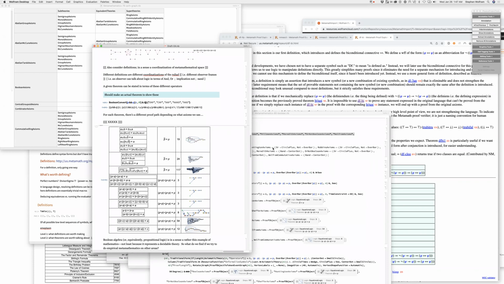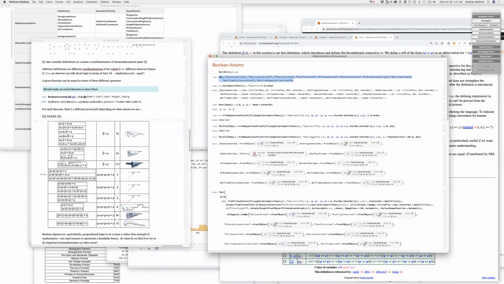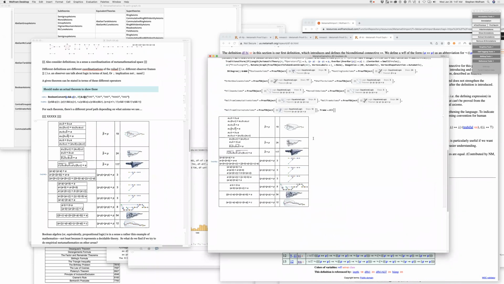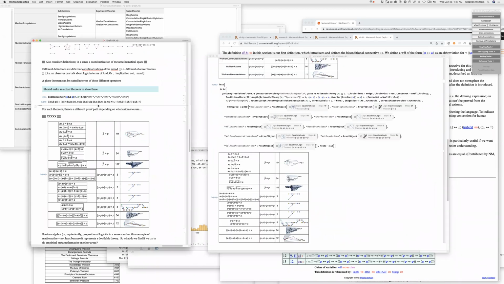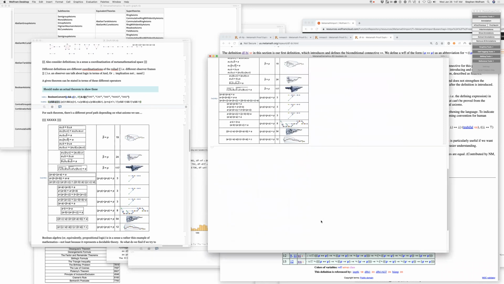Okay. So back to this, we are looking at what we've established here. This is the Boolean axioms, and here we need to have different representations in terms of different operators. So we want the given truth table, and that's all we're doing.